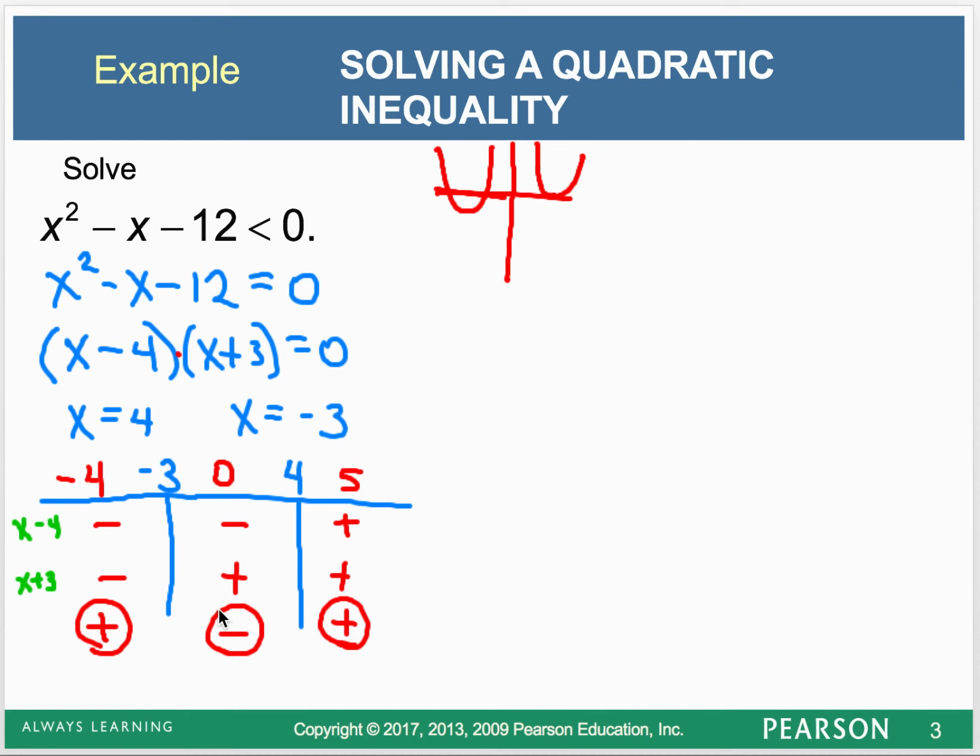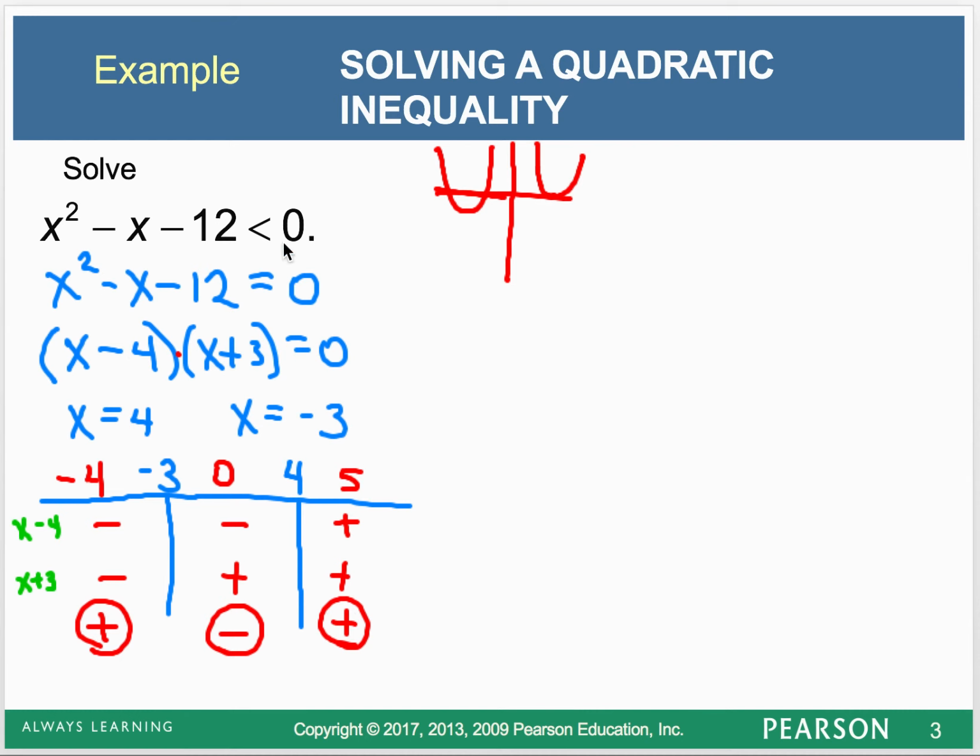And now, for the first time, I really go up and pay attention to what kind of inequality I have. I don't really care until I get my chart built. So less than means negative numbers, less than 0. Less than 0 is the same thing as saying a negative number. So that means here's where it's negative.